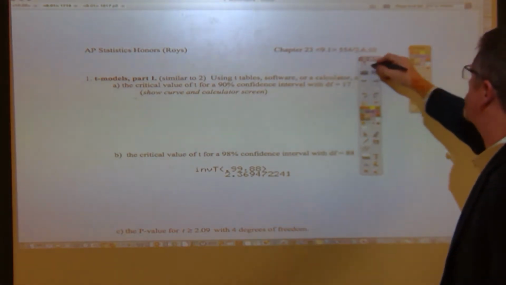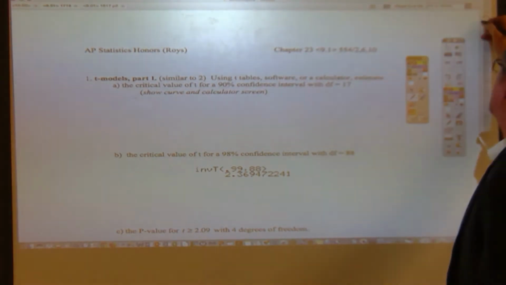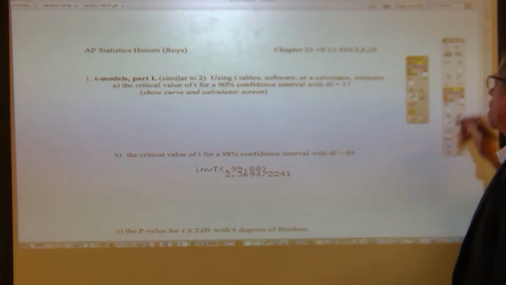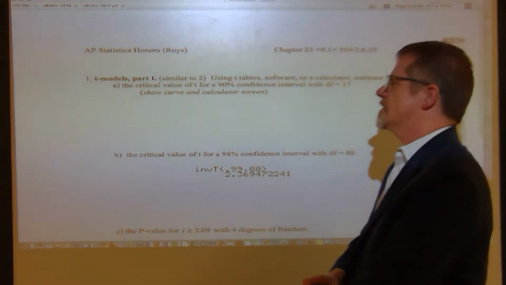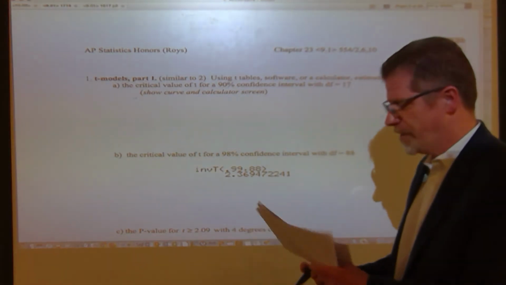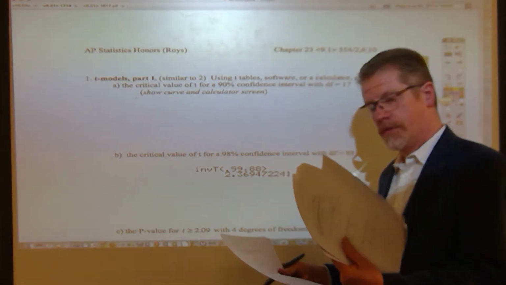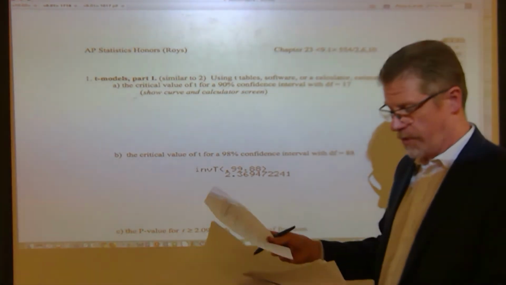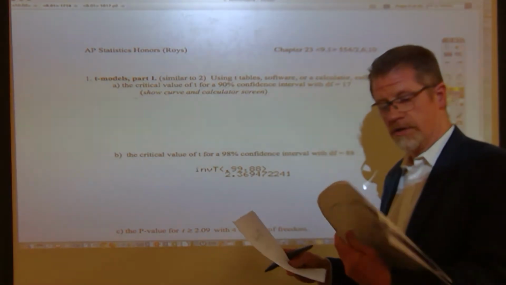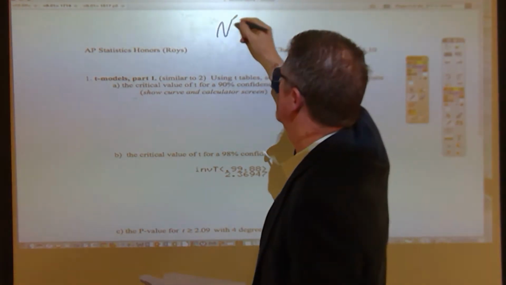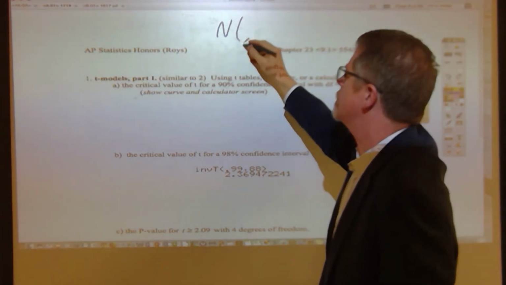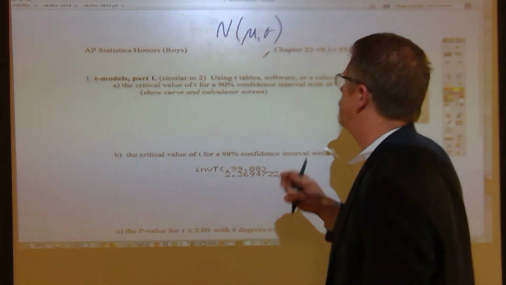So let's take a look at the big picture. What's going on with T models? The models of sampling distributions that we've seen so far have not been many in number. We've seen normal models, which require 2 parameters, a mean and a standard deviation.